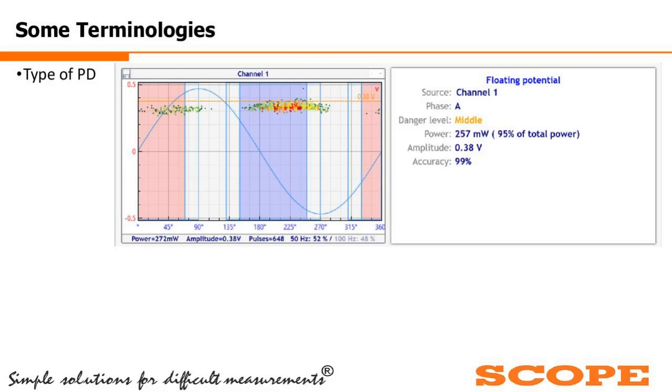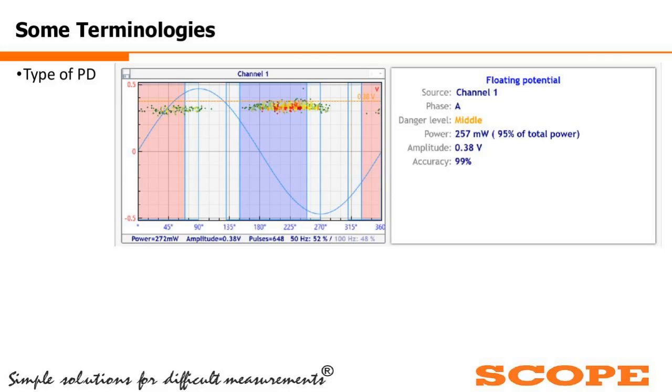Then you need to know the power. That is the total discharge power that was sensed by your sensor. Any of those sensors that we have seen earlier, they detect the discharge power, of course. From that only this voltage is being calculated. Out of that power, as you can see in this description, 95% of total power, which means the total discharge waves that were measured by the sensor for the given time.